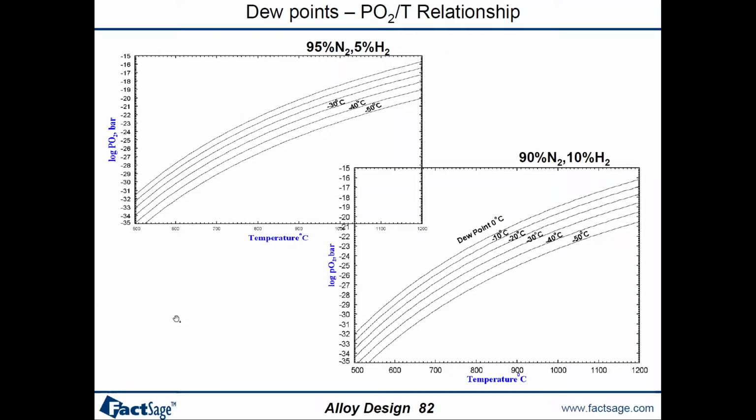Similarly, we can draw this kind of diagram for different gas compositions and check how, for different handling temperatures, our partial pressure of oxygen is calculated at different dew point temperatures.